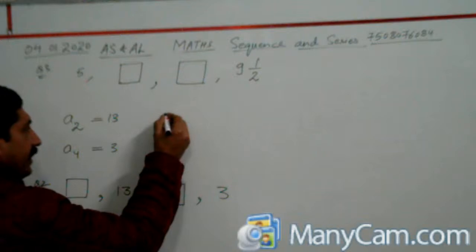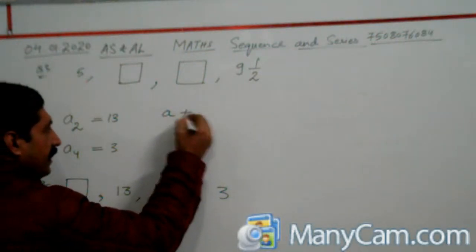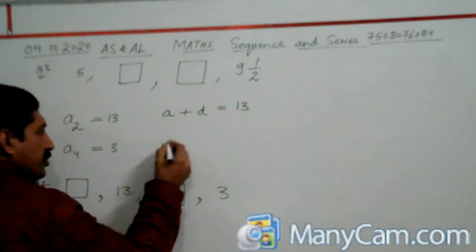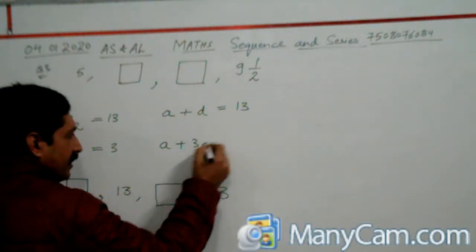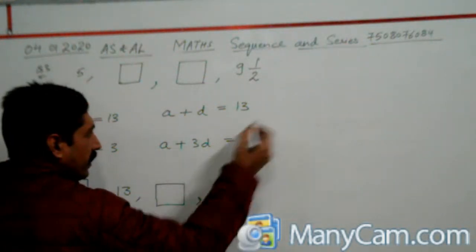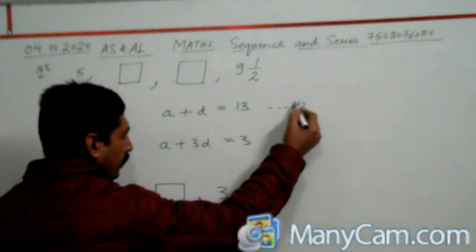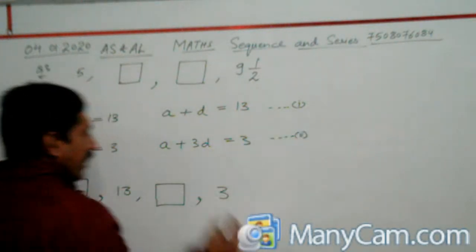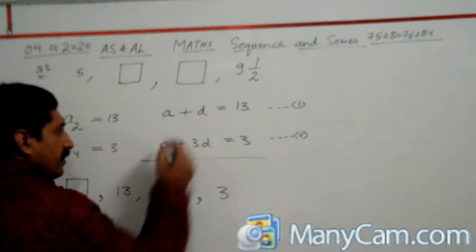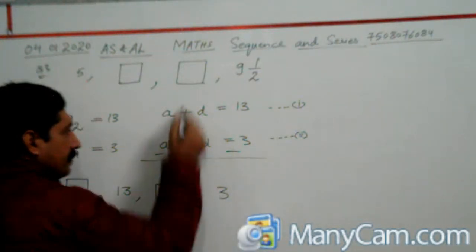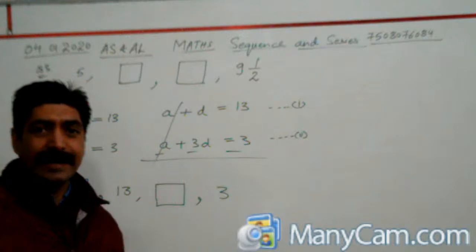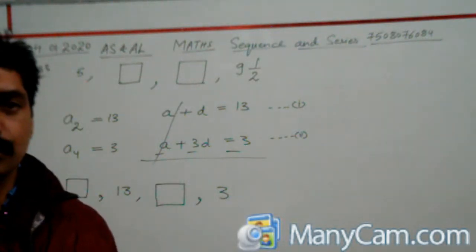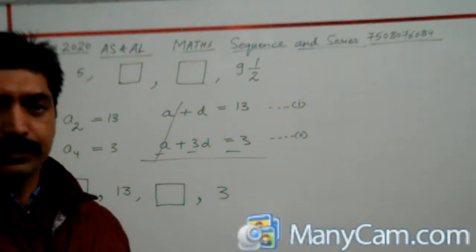So how can we write it? We can write a plus d, that is 13. It is now a kind of linear equation. And a plus 3d is equal to 3. This is equation number 1 and this is equation number 2. So we eliminate a from both the equations by subtracting 1 from 2.